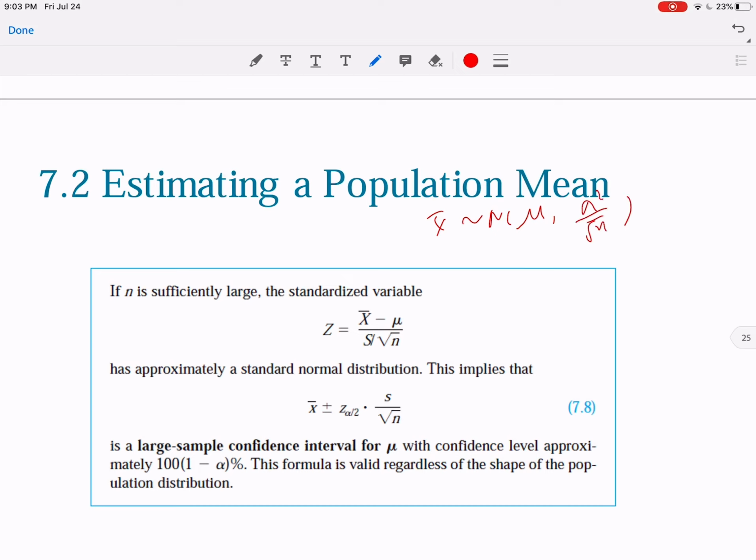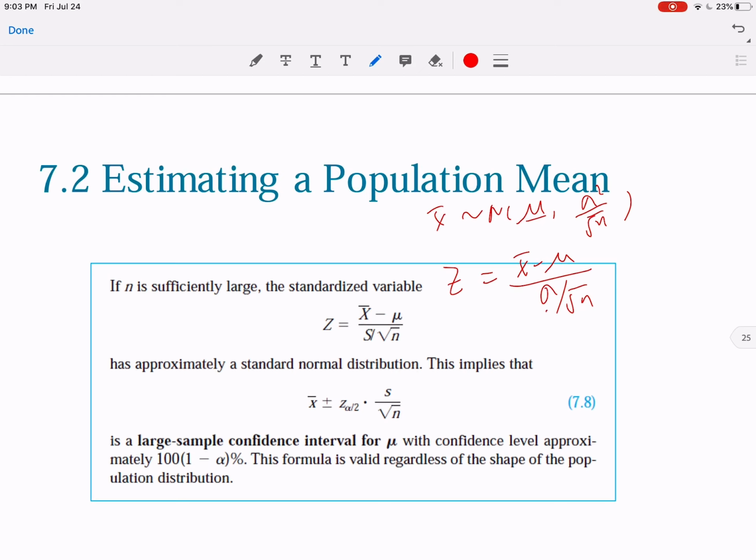Of course, if we want to standardize this x bar, the z would be equal to x bar minus mu, divided by the standard deviation, which is sigma over square root of n. But if we don't know the value of sigma and n is sufficiently large, we're going to replace sigma with the sample standard deviation s.